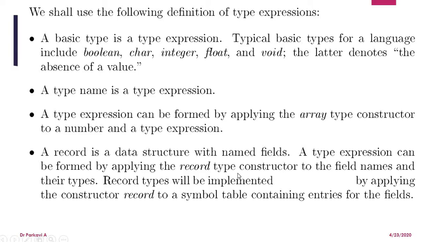Record type is exactly similar to the structure we use in C programming. So for structure representation, the record type constructor will be used. Each record will have one or more fields, and their entries will be maintained in the symbol table.